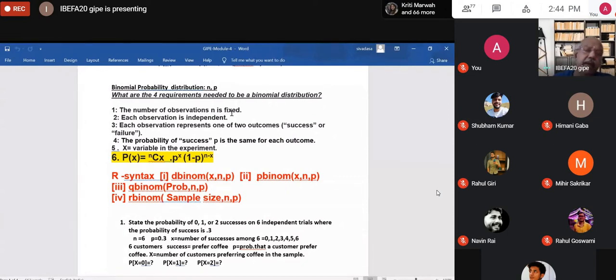These are the different characteristics in a binomial problem. Is it clear? All the characteristics.